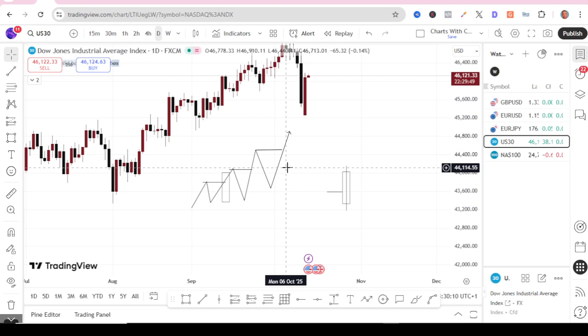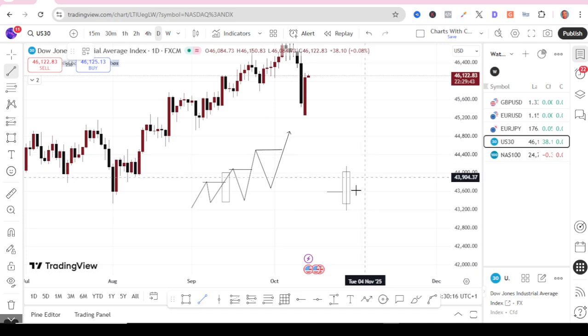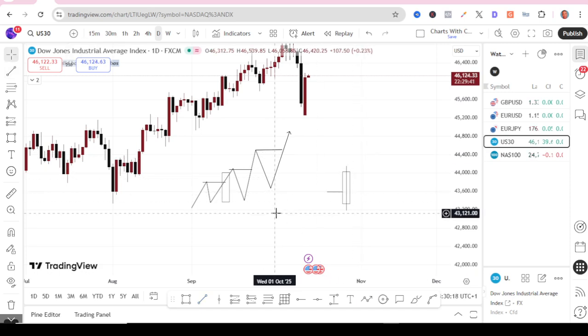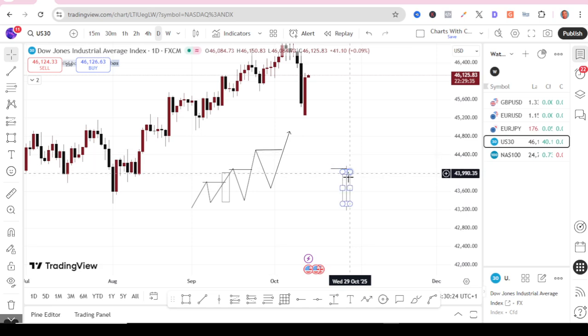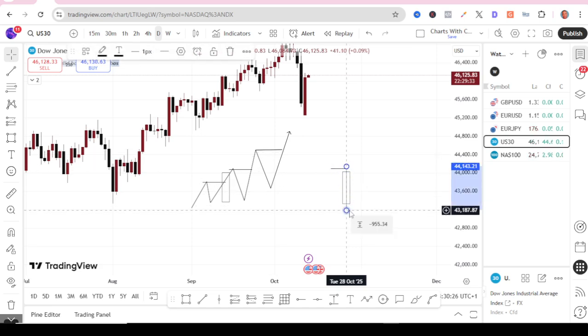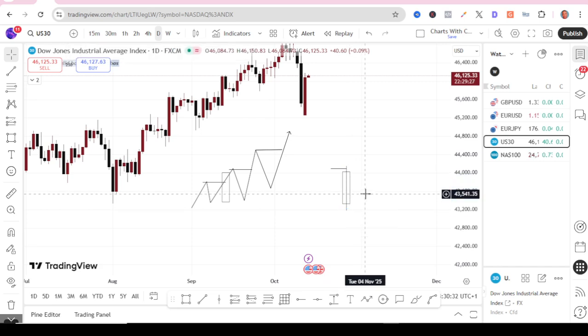Then also, if it closes with the wick, if we have something like this, we will not say this is a valid break of structure. This is an invalid break of structure.